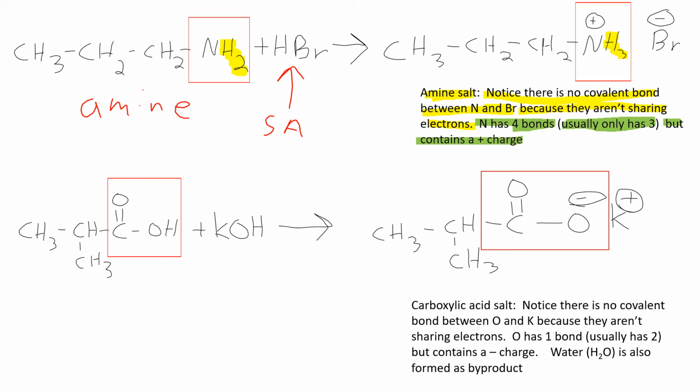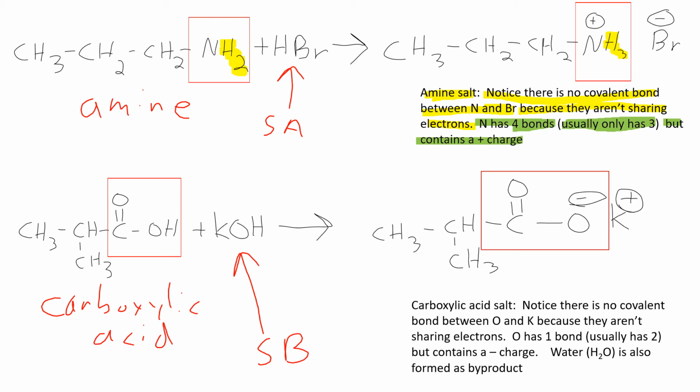Now we look at the bottom reaction. For the bottom reaction, what we have is a carboxylic acid. What are we reacting it with? Well, potassium hydroxide, that's a strong base.